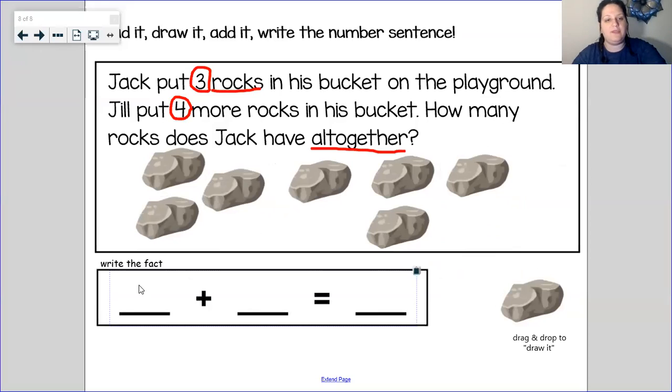So we started out with 3 rocks, and then Jill gave 4 more rocks. So 3 and 4 more, let's count them to see what that makes. 1, 2, 3, 4, 5, 6, 7. So 3 rocks plus 4 more rocks equals 7 rocks all together.